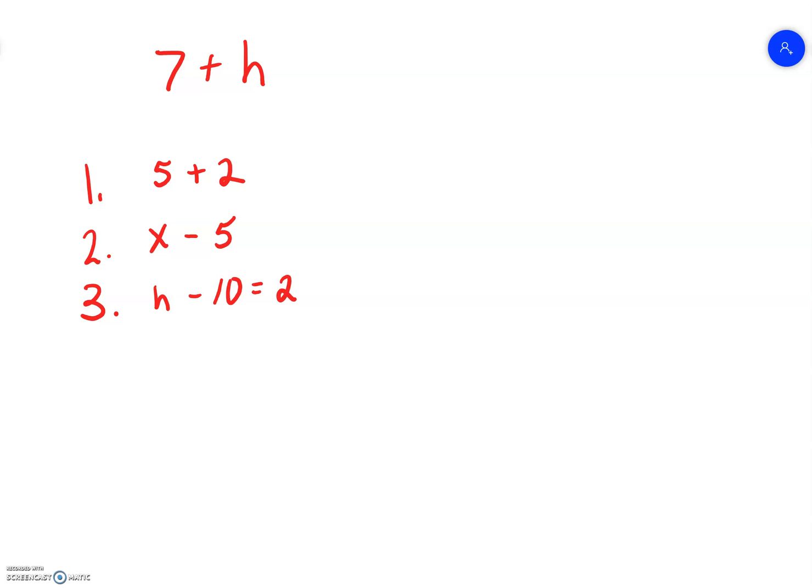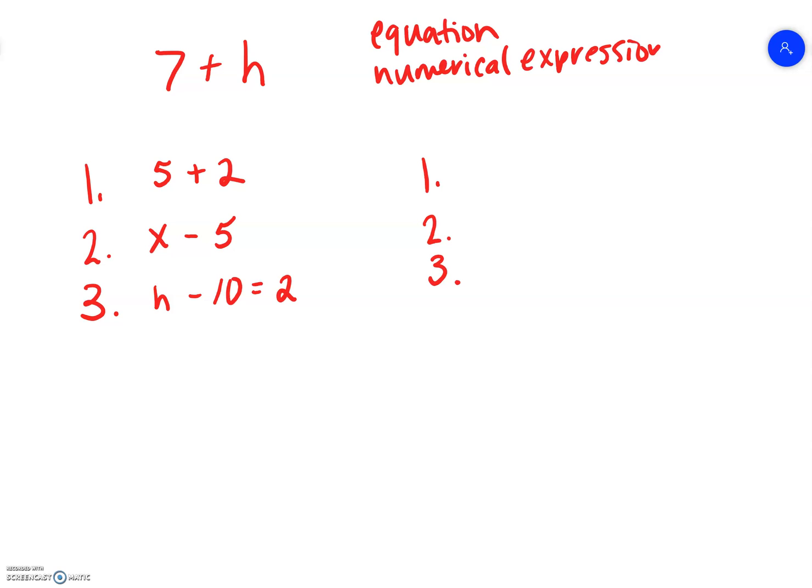Alright, so in the chat, I want you to go number 1, 2, 3, and I want you to label them as either an equation, a numerical expression, or an algebraic expression.